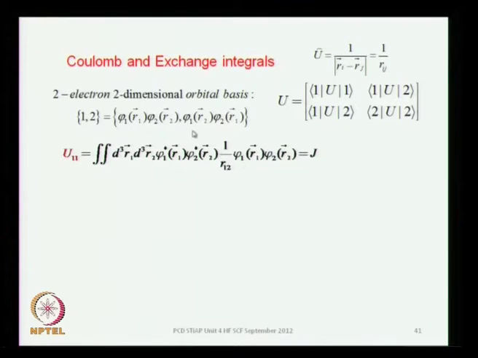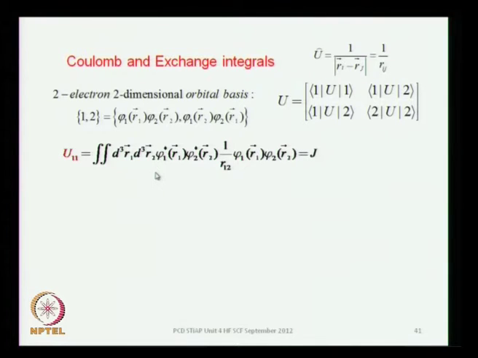Let us look at u11. u11 is this integral, which is the integral of the Coulomb interaction, which is 1 over r12, in this phi 1 r1 phi 2 r2 both complex conjugated, and on this side you have got phi 1 r1 phi 2 r2, and you must integrate over r1 and r2. r1 consists of 3 space coordinates, so this is actually a triple integration.